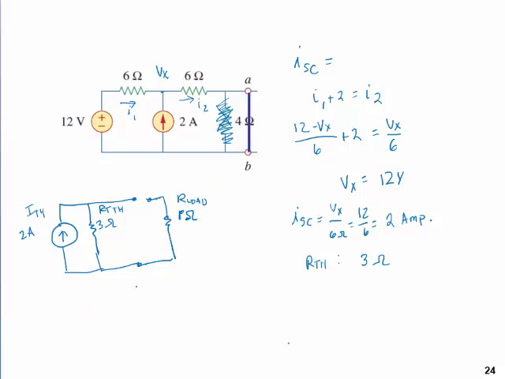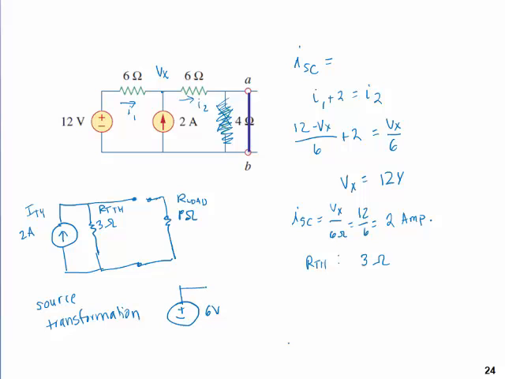So this looks like a source transformation thing. So what if we did a source transformation? I can convert that to a voltage source, which is this resistor times that current, which comes out to be 6 volts.